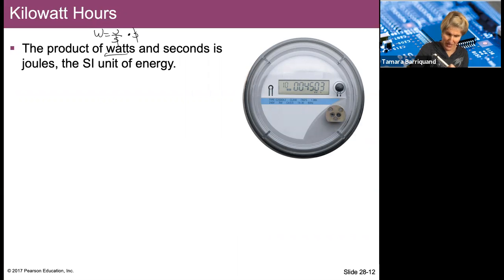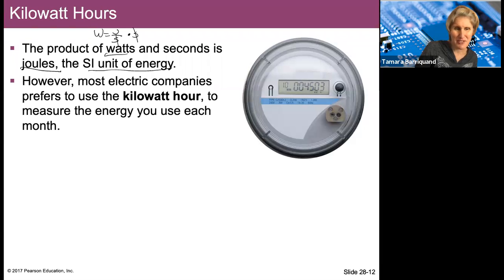And we see that we end up with joules, which is the SI unit of energy. However, when you get your electric bill, it doesn't say anything about joules on it. So most electric companies prefer to use the kilowatt hour. So instead of watts times seconds, they're using kilowatts, so 1,000 watts times an hour, or 3,600 seconds, to measure the energy you use each month.